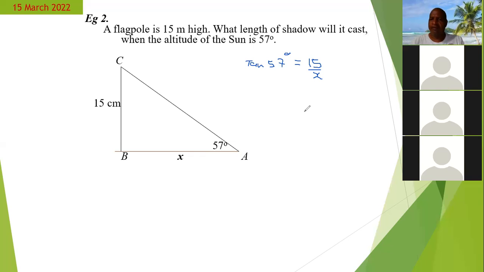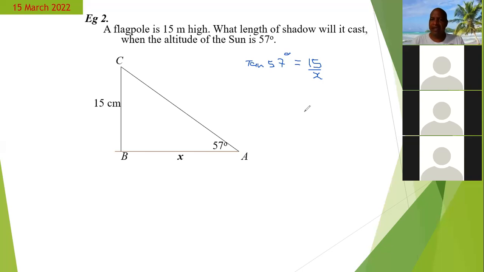So remember now we have 15 in the numerator and x in the denominator. You can treat the bar in the fraction as a division bar. So what is below divides what is above. The x is dividing the 15.